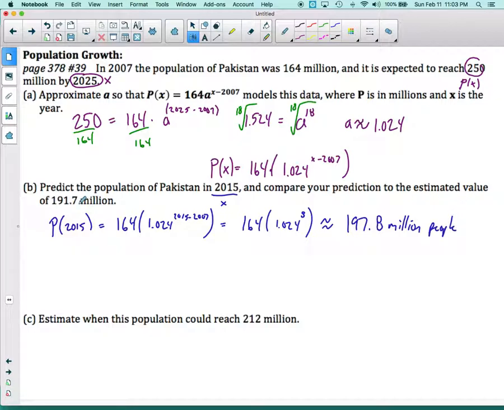So they wanted us to compare that to the actual data, to see how good our model is. So let's subtract, that's a comparison idea, subtracting two things.